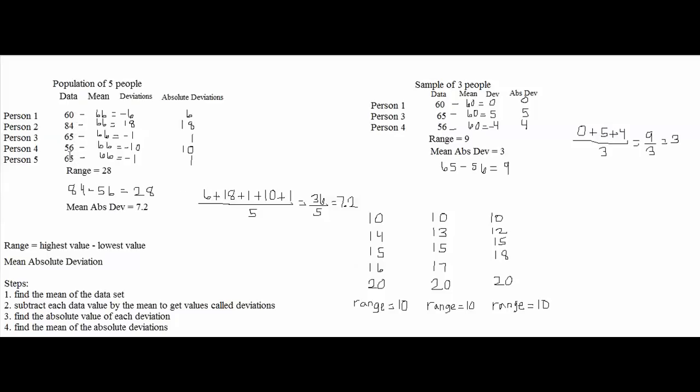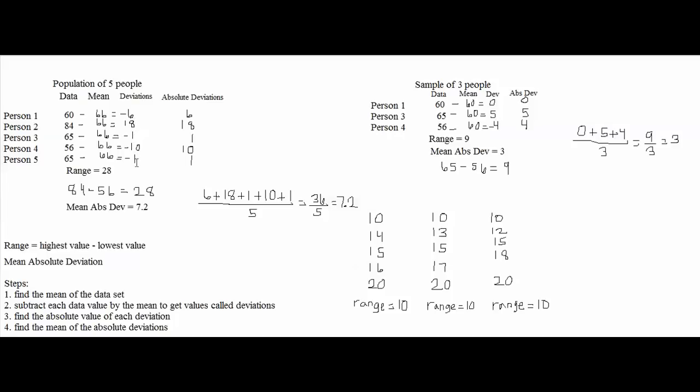Now you might be wondering why we didn't just find the mean of this column of numbers. Why didn't we just find the mean of the deviations? The problem is, if you try to add the deviations, they'll add up to 0.